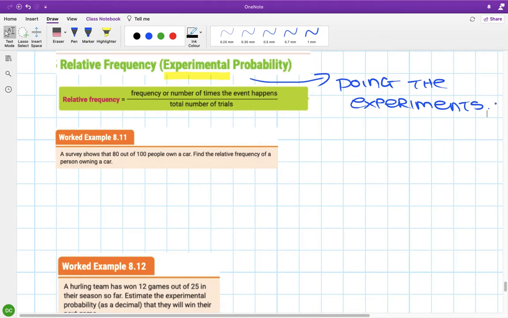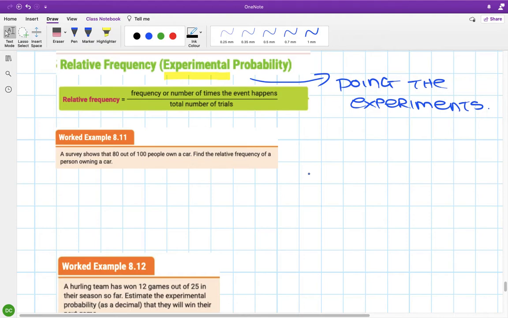You're not necessarily going to do all the experiments, because sometimes they're just done in the question, but they're all based on actually doing the experiments, as opposed to theoretical probability, where you just do it based on theory. Let me try and explain.